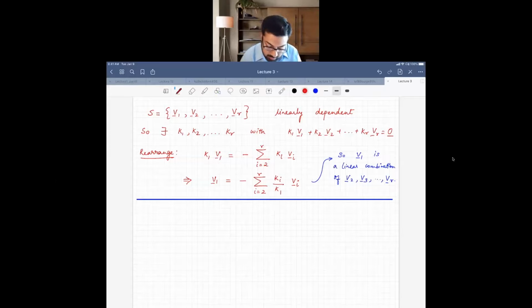So we are going to start off with considering that some vector v sub j can be expressed as a linear combination of other vectors.